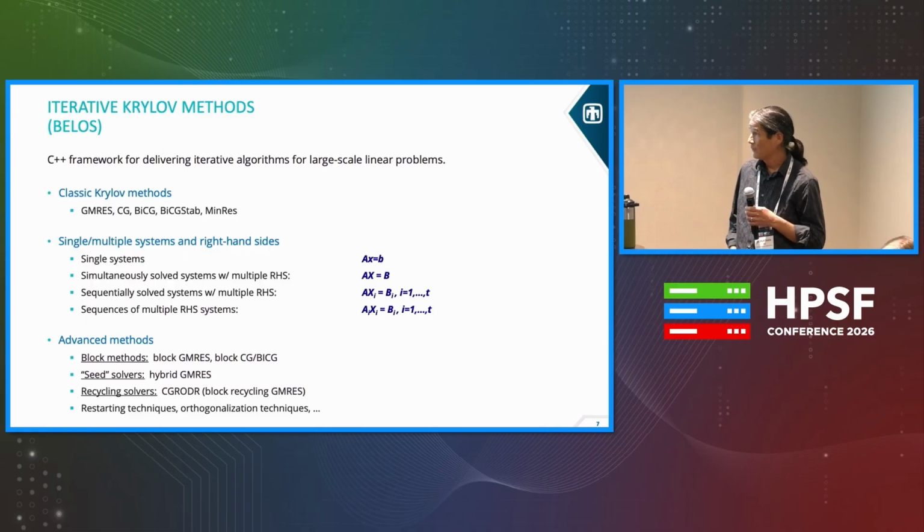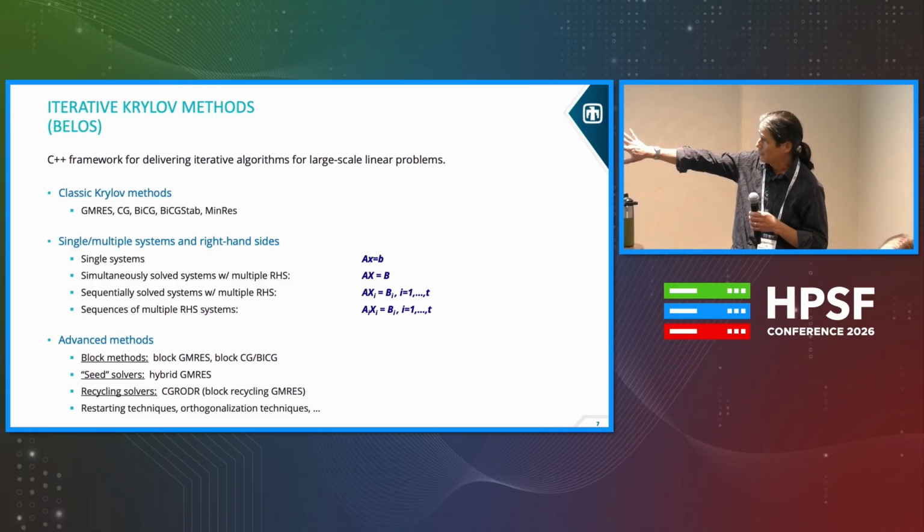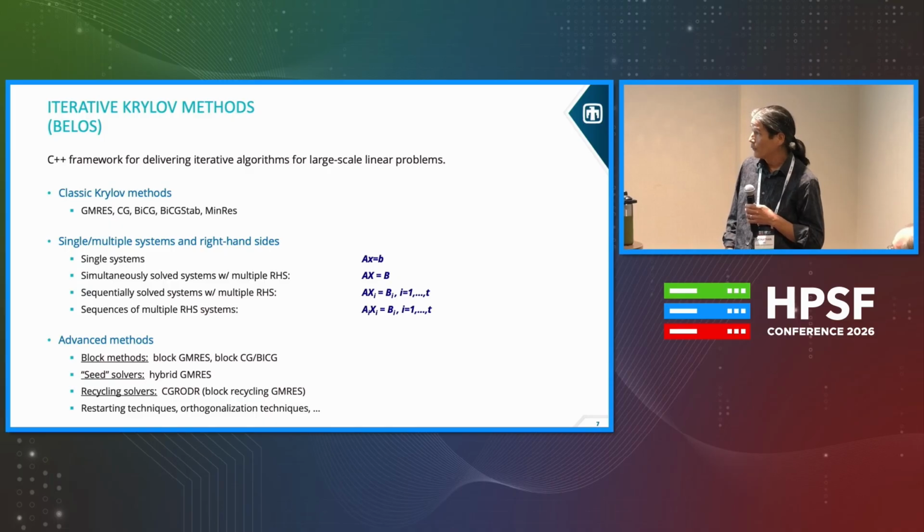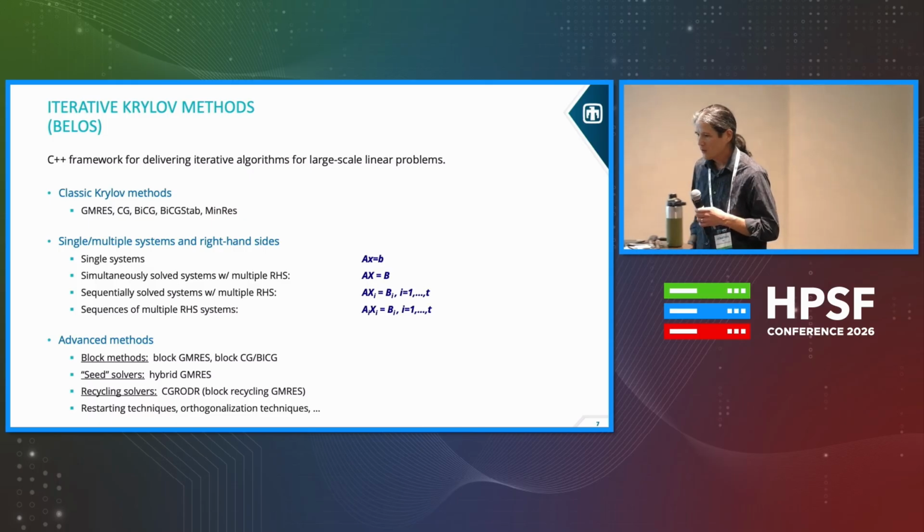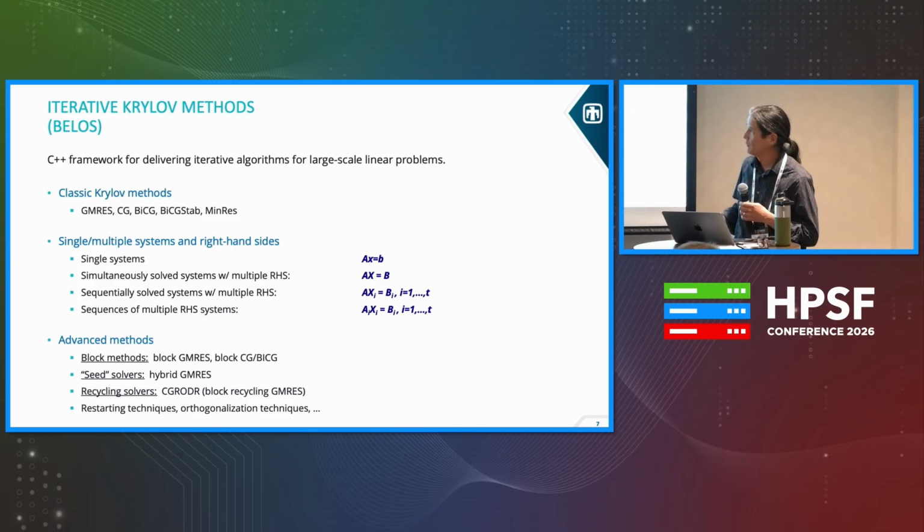It has some advanced methods, the block methods, seed solvers, recycling capabilities, and a lot of other capabilities as well, like restarting techniques and different orthogonalization techniques. So anyway, this often forms the base of the linear solver stack inside of Trilinos.